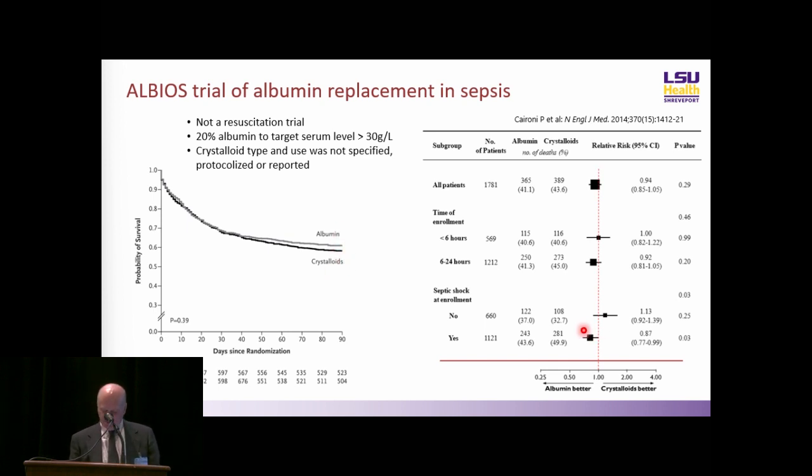But when they went and looked at whether septic shock was present, this was a predefined subset. In the absence of sepsis, there was clearly no difference, but in septic shock, there appeared to be a survival advantage, a significant decrease, barely significant, but a decrease in mortality.